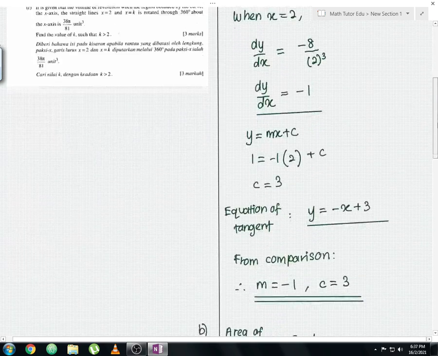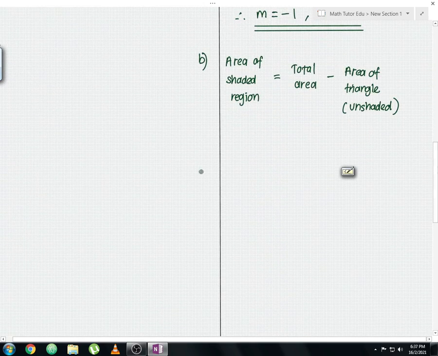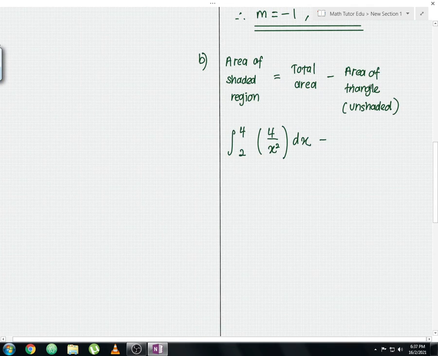Let us do the calculation. Your total area will be, with upper limit 4 and lower limit 2, the integral of 4 over x squared with respect to dx, and then minus the area of the triangle, which is the unshaded region, half times 1 times 1, which gives 1 over 2.